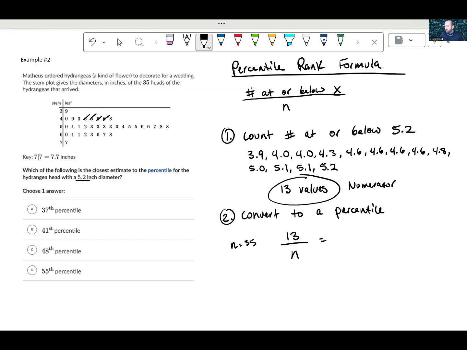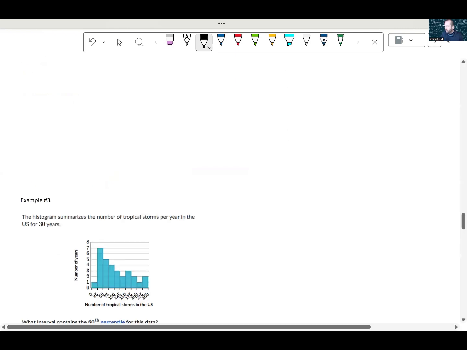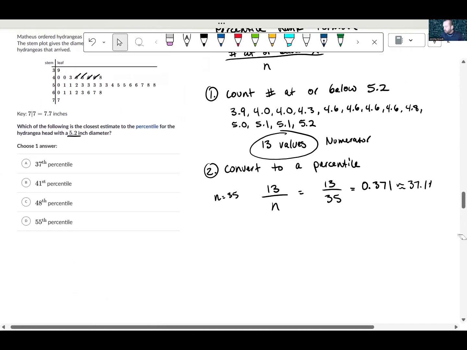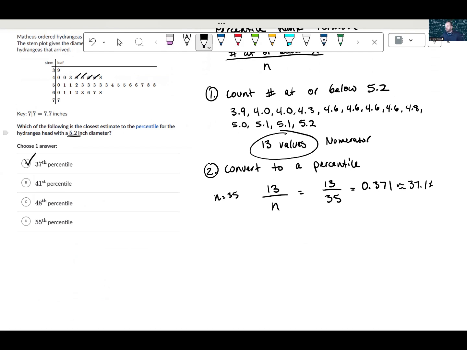And so we get 13 over 35, which is 0.371, or approximately 37.1%. Okay, and that is our percentile. So the closest estimate is the 37th percentile for this.